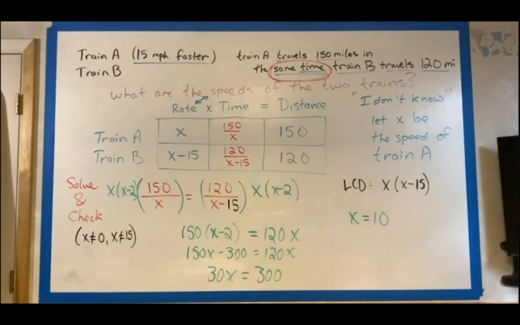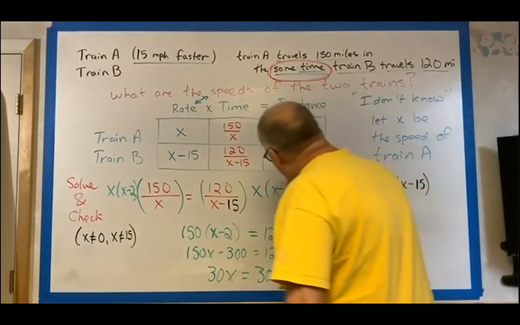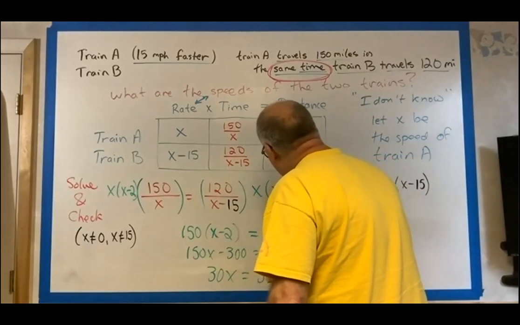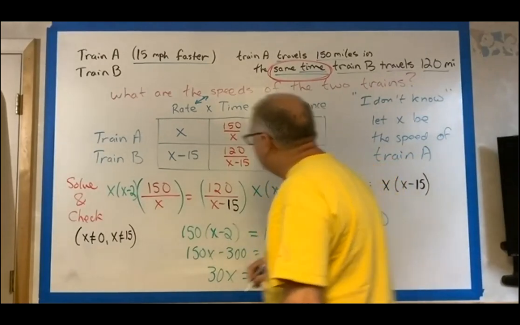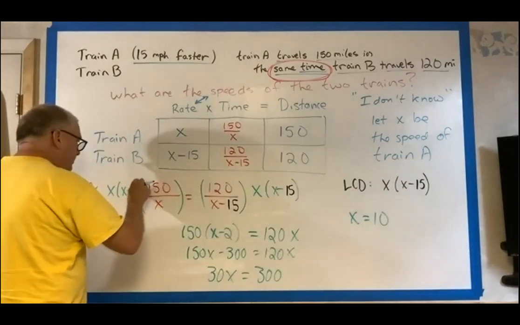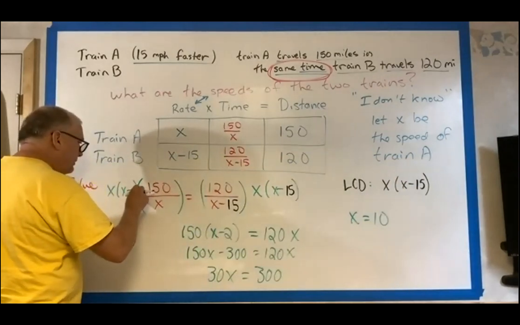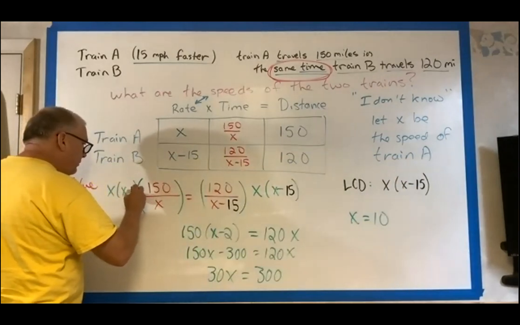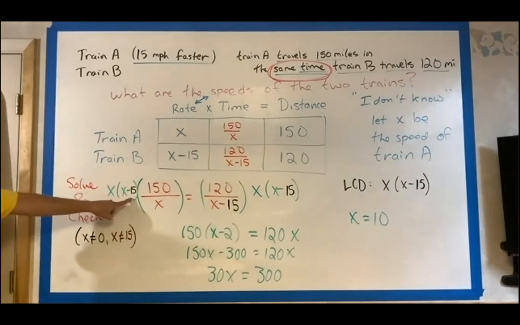Thank you, very good. That means I'm going to multiply both sides by x times x minus 15. Although this is even more crowded now. Okay, let's just deal with it.